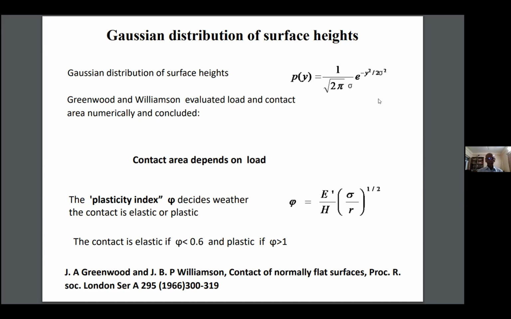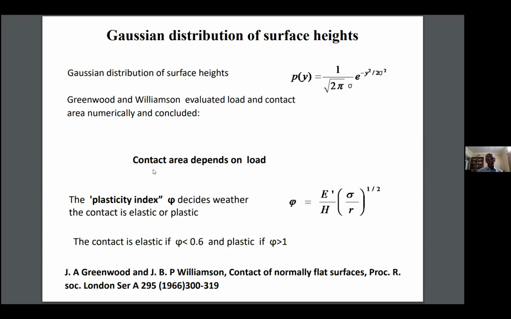Now this was done by Greenwood and Williamson long back in 1966. And they have shown that the same conclusion applies even for Gaussian distribution. We have previously seen that this applies for the exponential distribution, but here we see that it applies for the Gaussian distribution also.